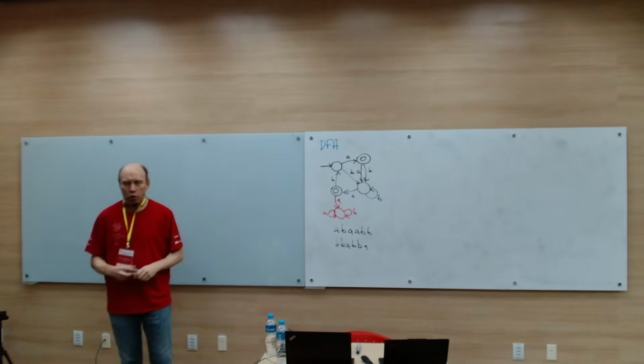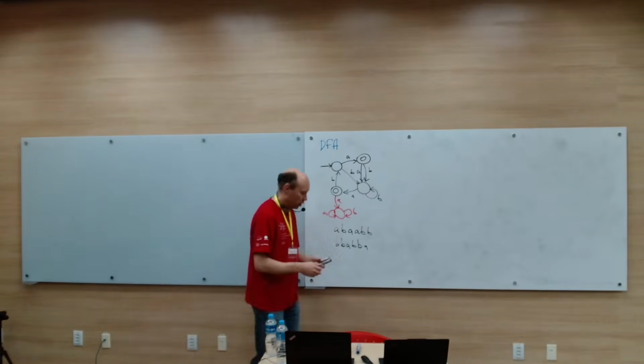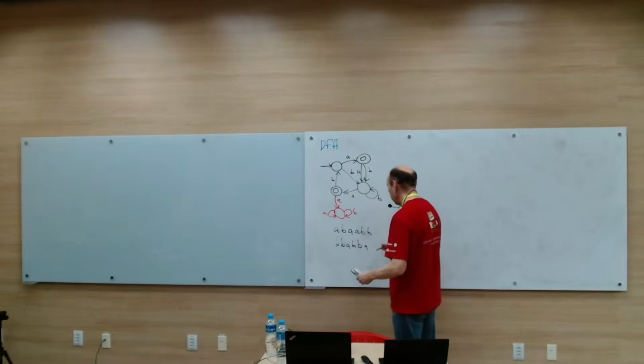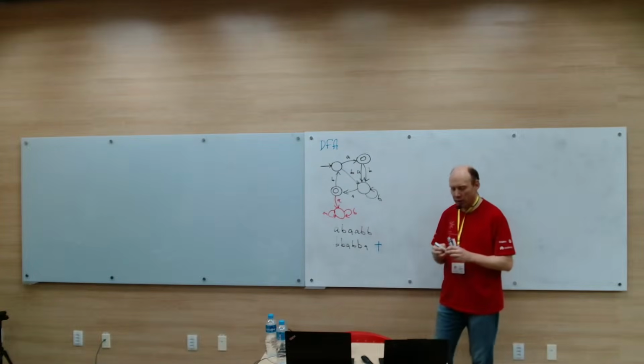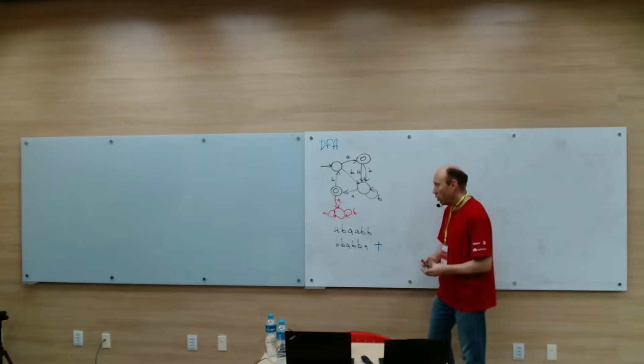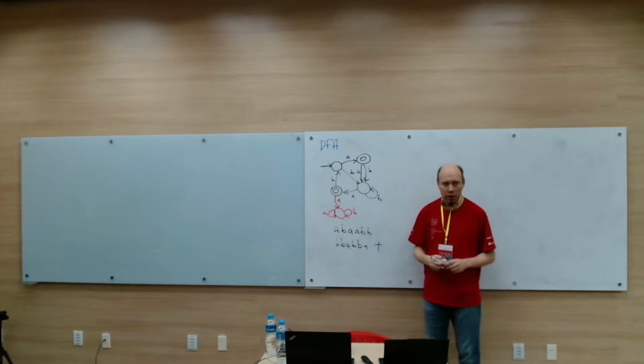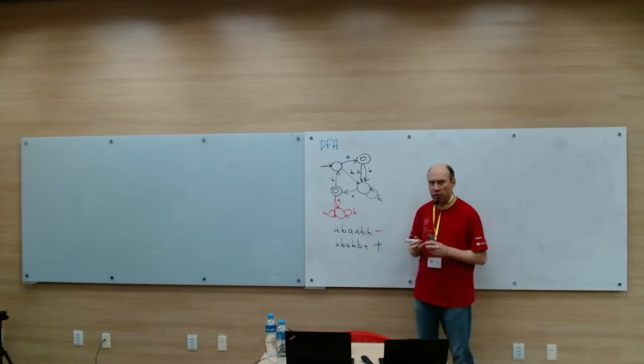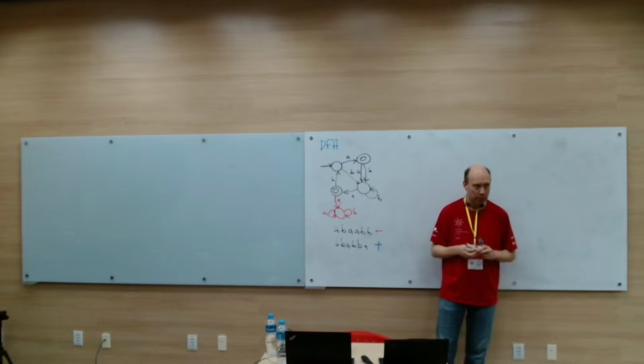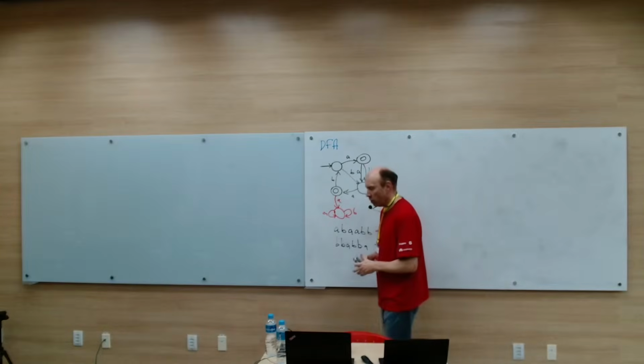If we end up in the terminal state, then this word is accepted. And if we end up in a non-terminal state, which includes the sink state, then this word is rejected. So these are finite automatons.